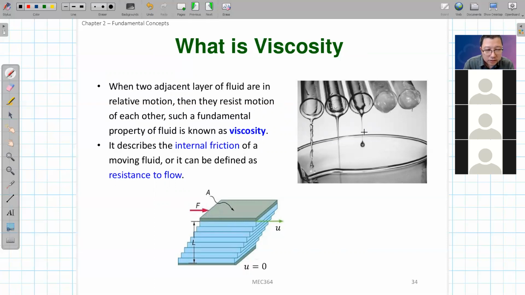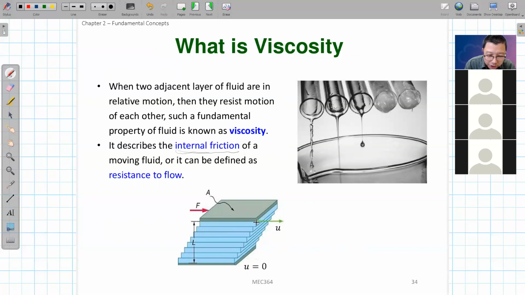And so viscosity itself can be considered as some kind of internal friction of the liquid. If you look at this picture here, when the top plate is moving, you can artificially think of this fluid as having different layers in a cascade.